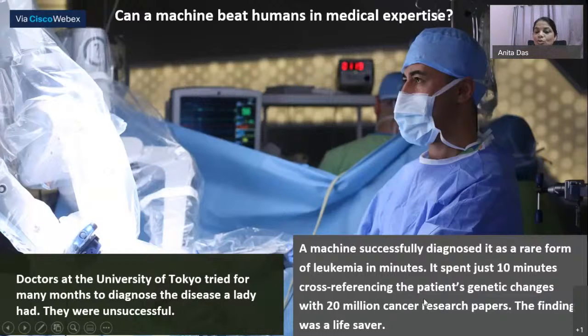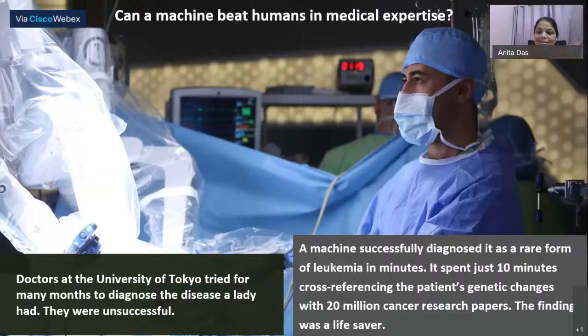Worldwide, people are doing research on cancer, and this many research papers it could go through, and it could check the symptoms of the patient against these papers and find a match. Then they could detect what kind of problem it was, and they started treating the lady according to the disease they found in the paper, and the good thing is that the patient responded to the treatment, right?